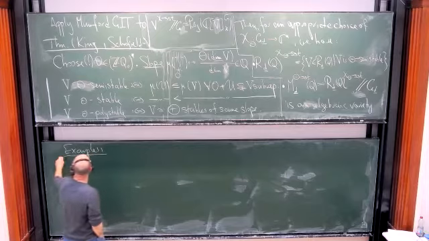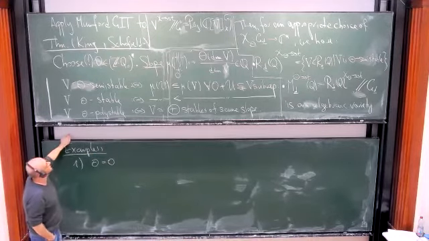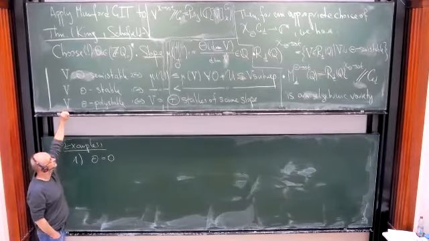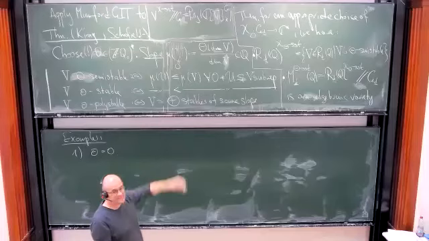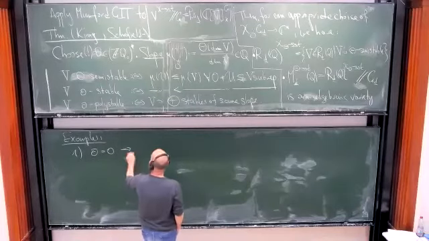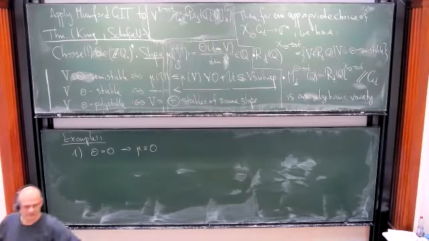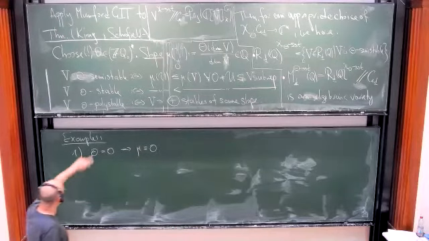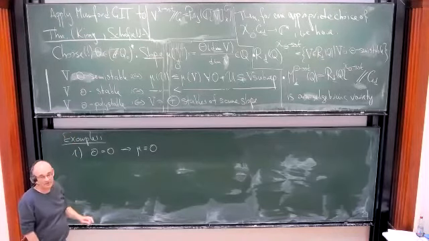Example 1: what if theta, our chosen stability functional, is 0? Well, if theta is 0, then the slope function is identically 0. So there's no slope at all. So what does this mean for the definitions of semi-stable, stable, polystable?